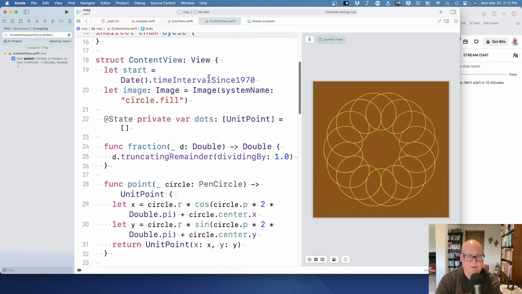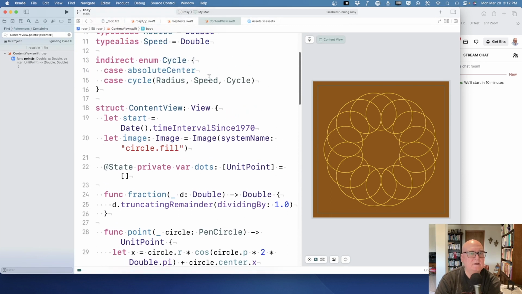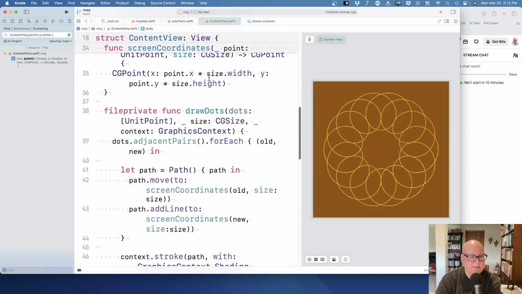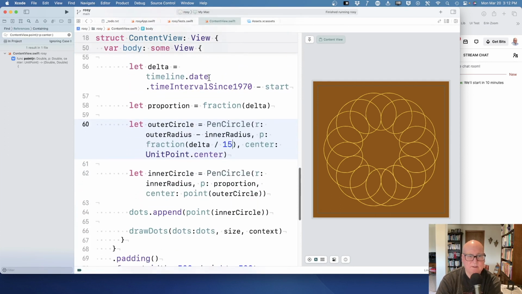Okay. Now, I want this thing. All of this goes to computing point of inner circle. All right. And point of outer circle. So the function I want is given a cycle, whatever that means. I want to get a point out of it.